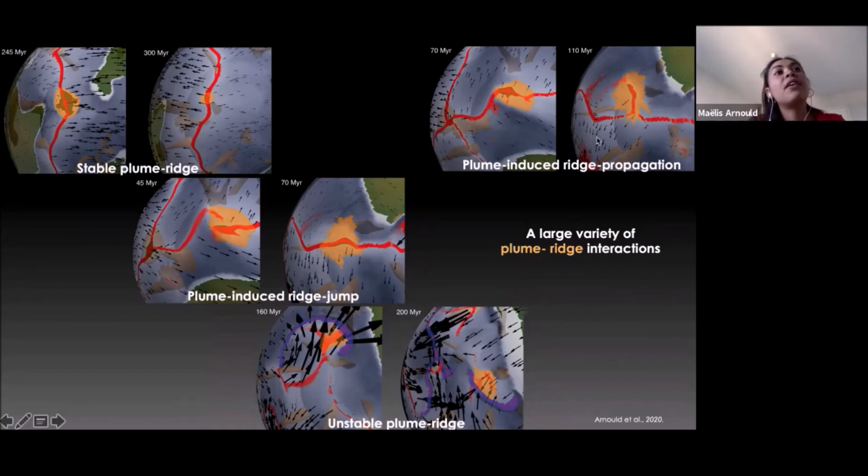You can have plume-induced ridge propagation, where depending on the plume-ridge relative motion, you can create another branch of ridge. And then we have unstable plume-ridge interactions, and this occurs a lot in back-arc basins. So here you can see a subduction, because those places are evolving quite fast.